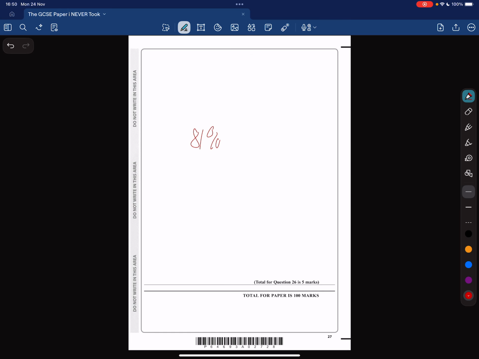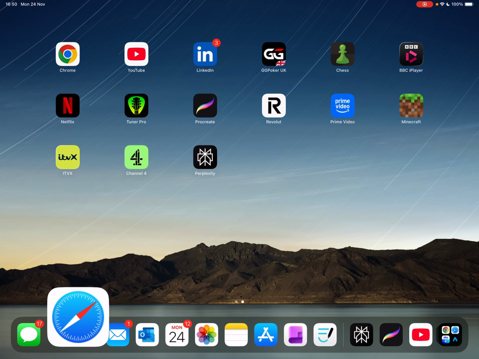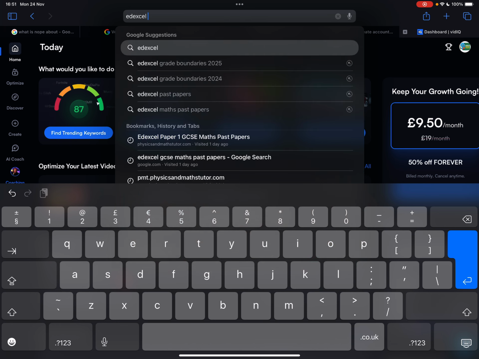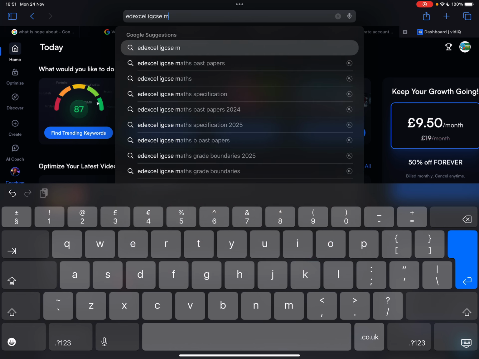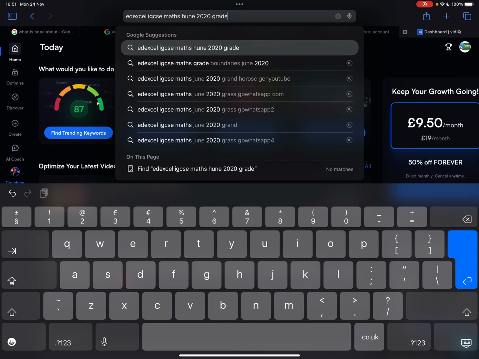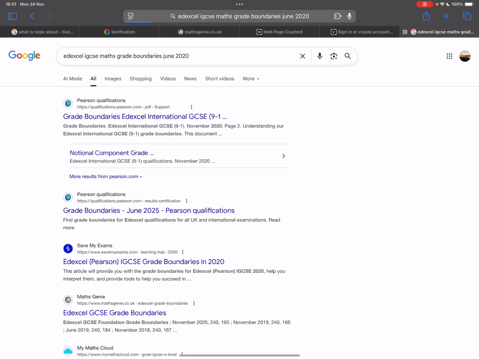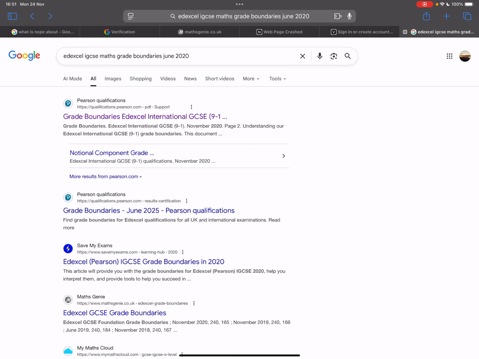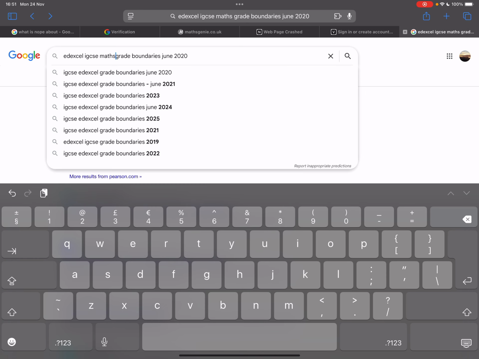Now let me see if I can find the grade boundaries. I'm interested. Okay, that's November. They might not exist. Let's see if we can find it.